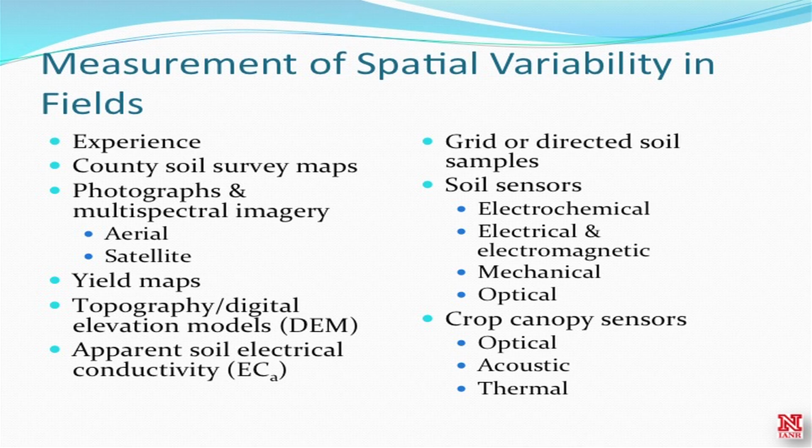But then there are some of the other layers that we're starting to collect, many of which relate to what may be called precision farming, precision agriculture, or site-specific crop management. So we look at layers of yield maps, topography, grid soil sampling, and using soil sensors or crop canopy sensors to measure the status of the crop. And we're doing this at scales and time frequencies that are large scale rather than micro scale like what we've been talking about this morning.